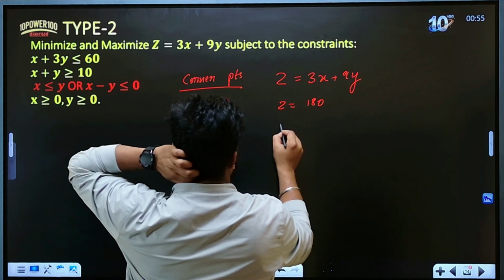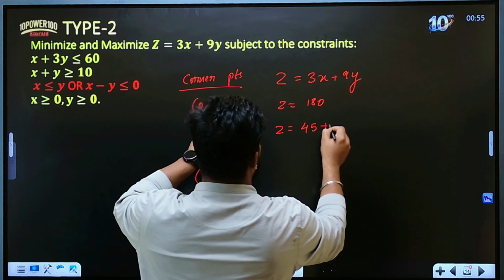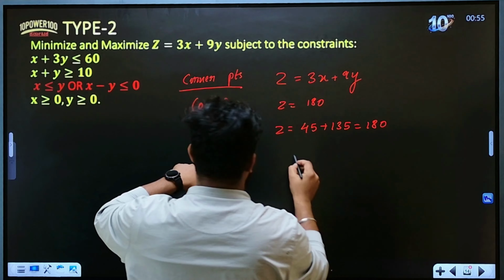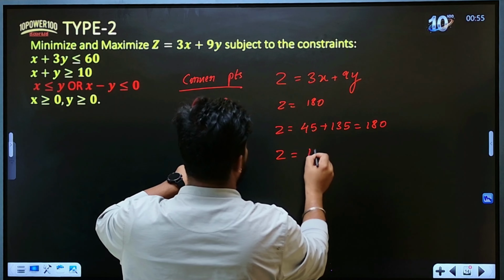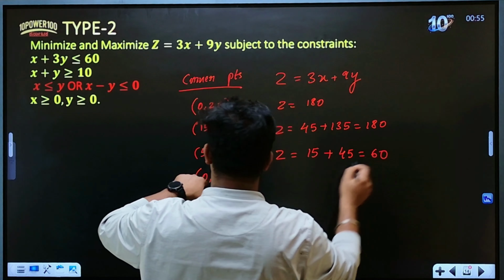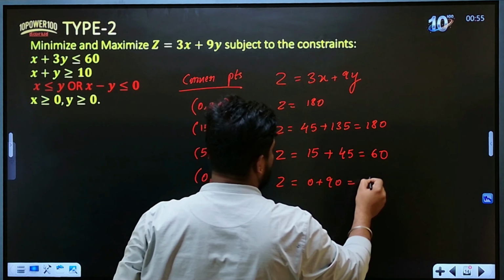And z is equal to 15 threes, which is 45, plus 135, so this is also 180. Z is equal to 15 plus 9 fives are 45, this is 60, and z is equal to 0 plus 90, so the answer is 90.